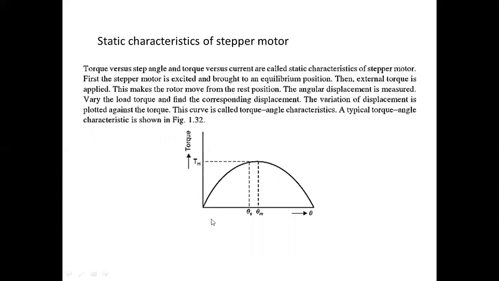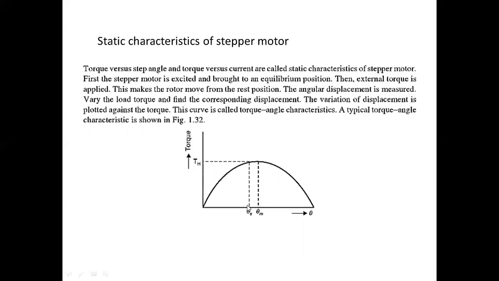Initially, this is the holding torque. T suffix H is nothing but the hold torque. Up to that point there is no torque. Initially, with respect to the step angle, the torque value increases like this.